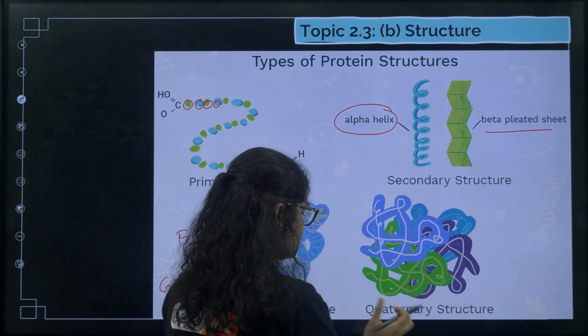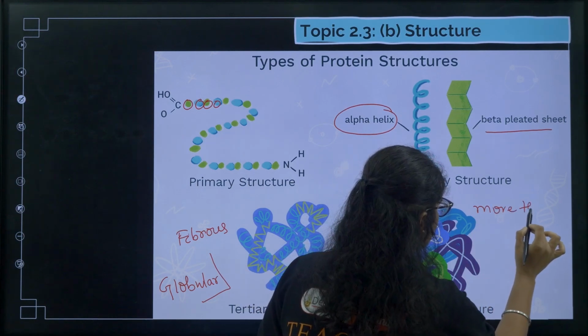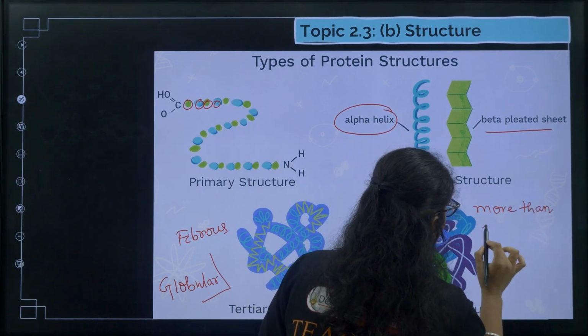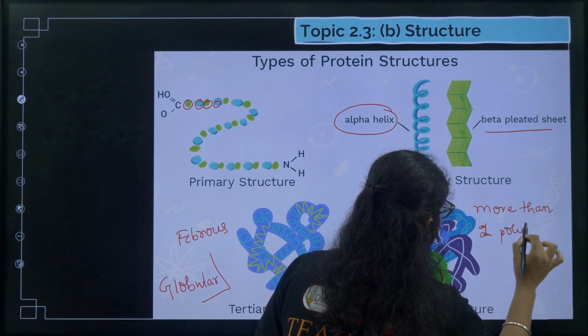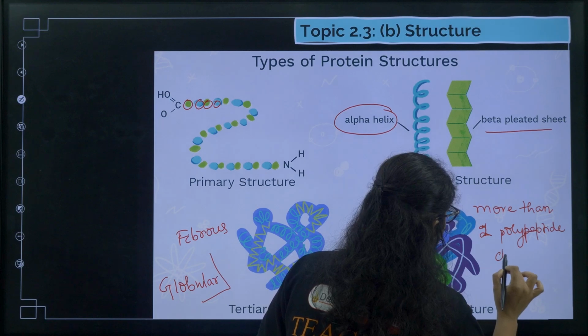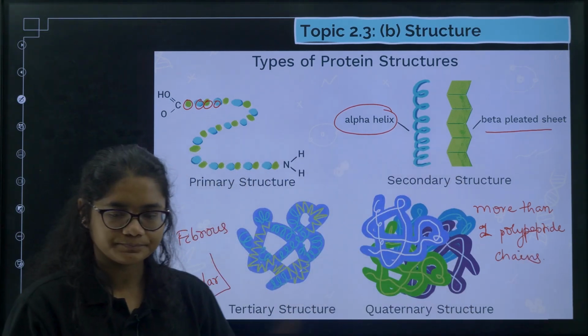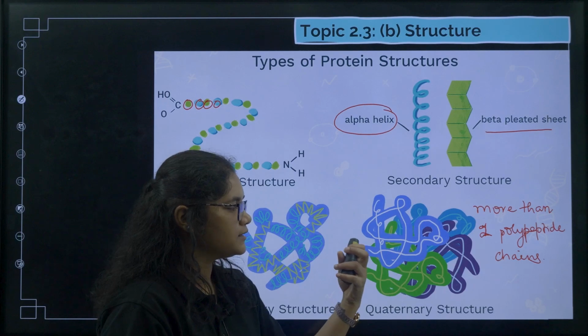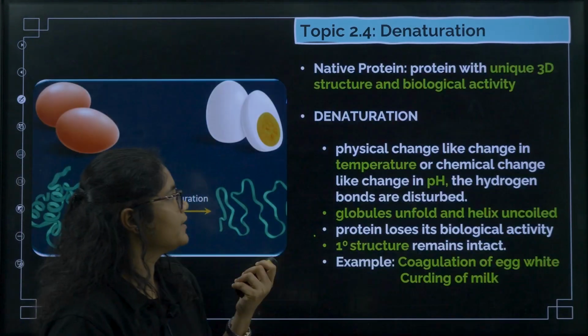We have here more than two polypeptide chains. They coil around to give you another, more advanced structure, that is your quaternary structure.